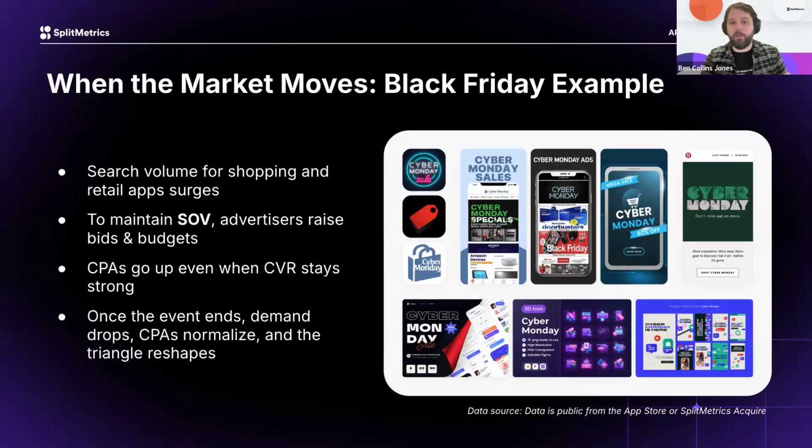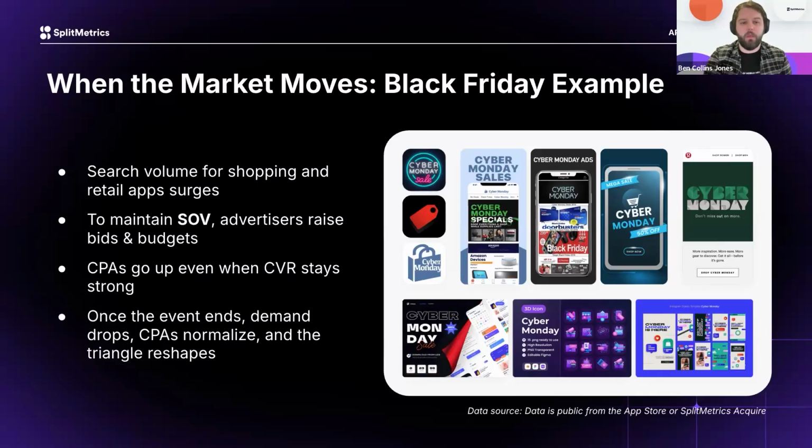So while Black Friday is a timely example, the same logic applies to any app facing any seasonal challenges. Travel apps before the summer, fitness and wellness apps in January, New Year, New You, or financial apps during the tax season. Any period of intensified bidding stretches your triangle the exact same way. And the automation that we can start putting in place to actually respond and react to that can really help you keep it the shape that you are working towards, or ultimately a shape that's more acceptable for you as a business.